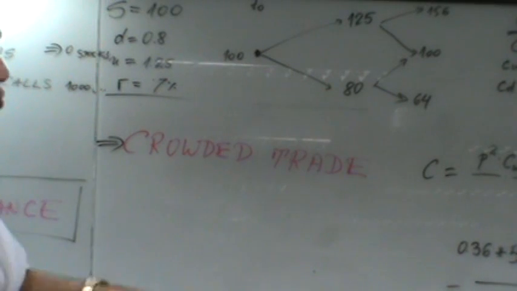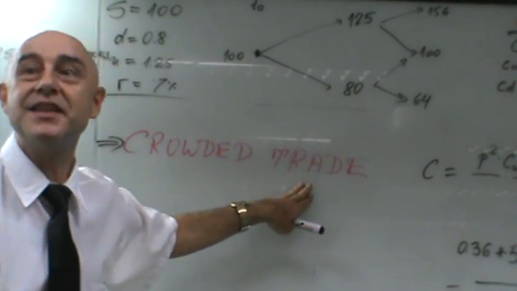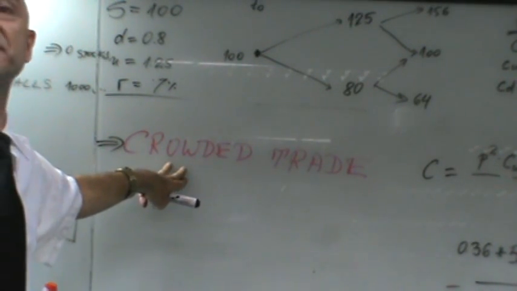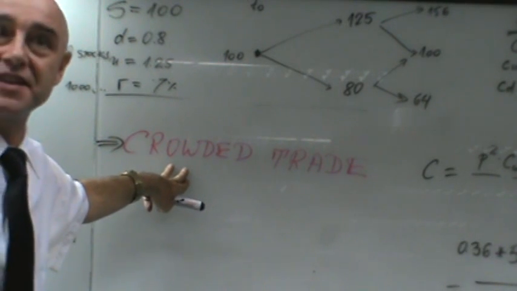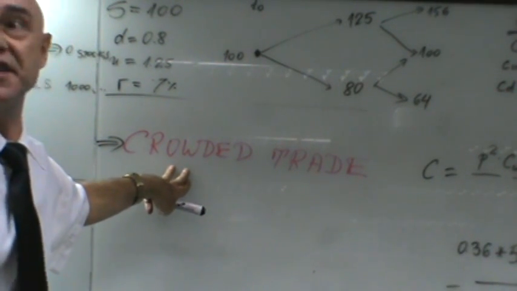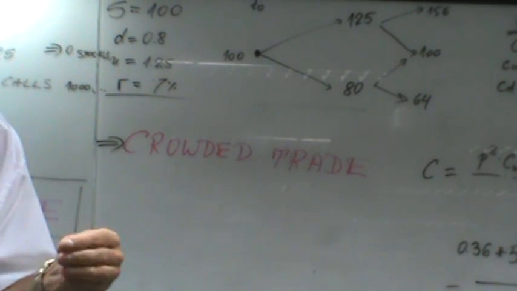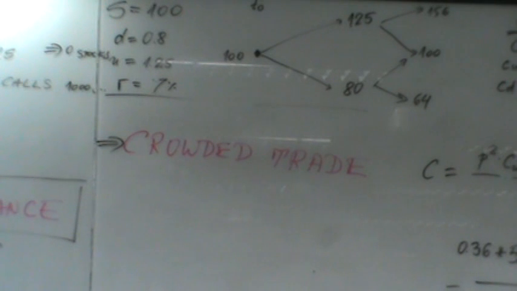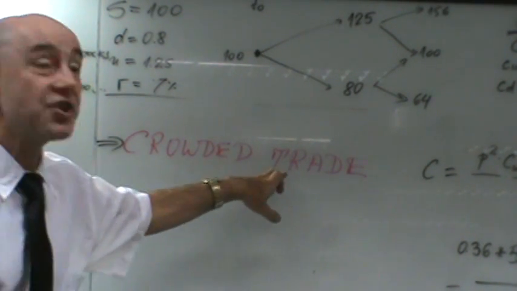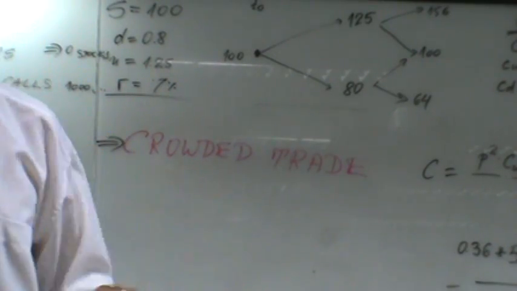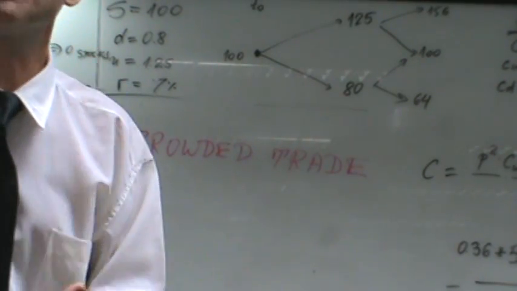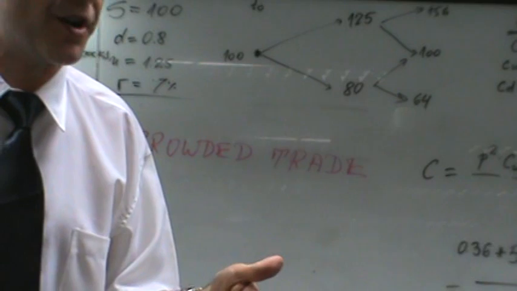A crowded trade is a trade which most of the crowd takes because they think it's a profitable one. So, portfolio insurance works only when a few people do it. When everybody does it, when you get a crowded trade, it never works.